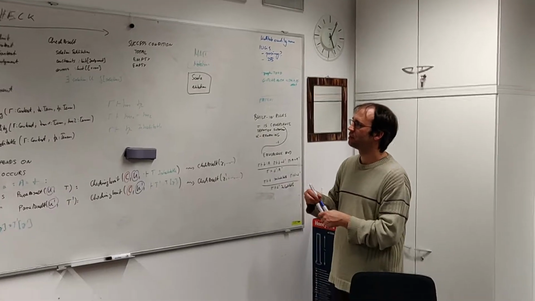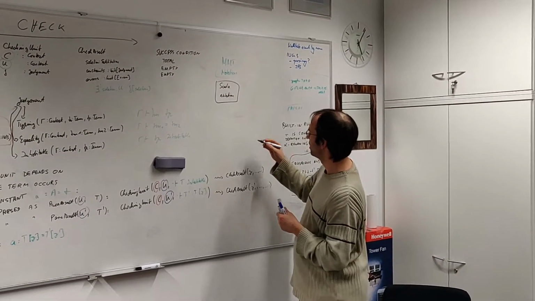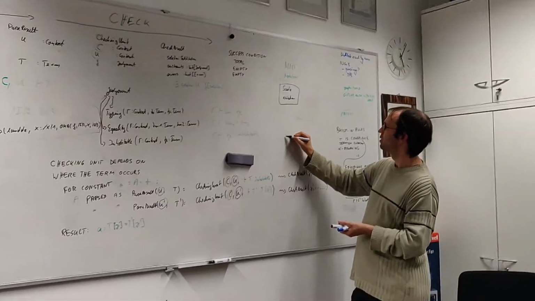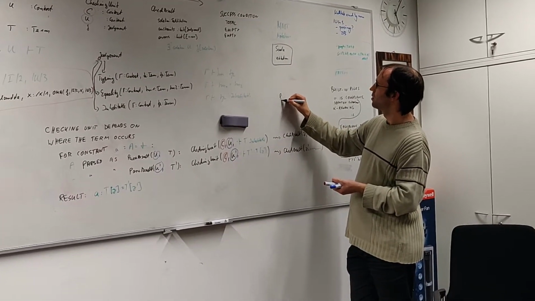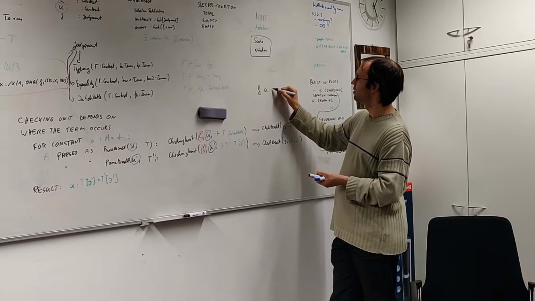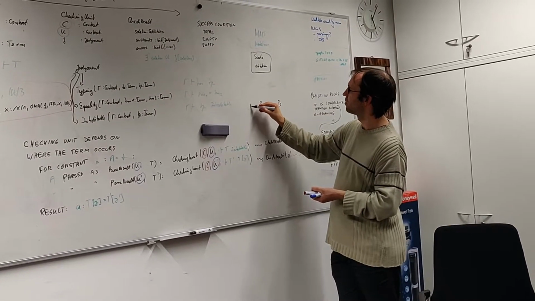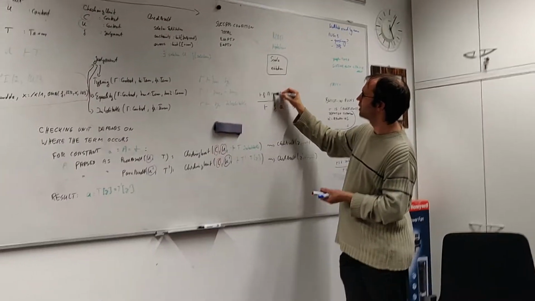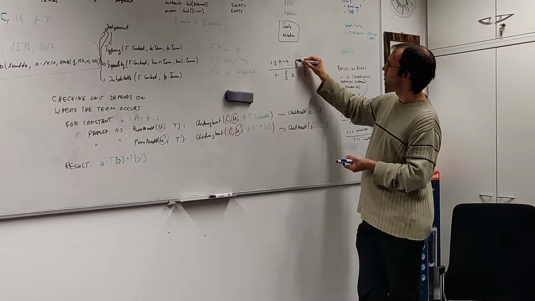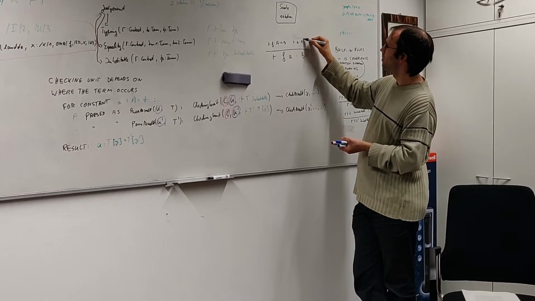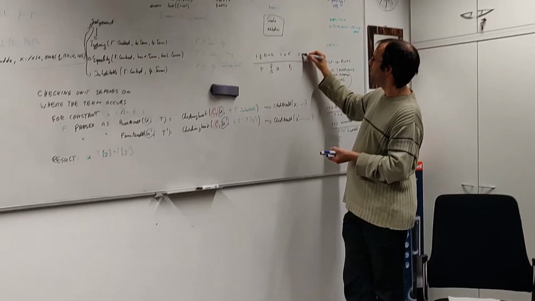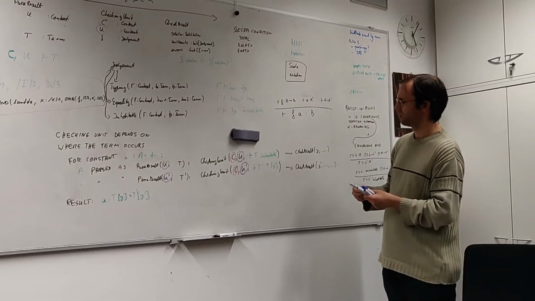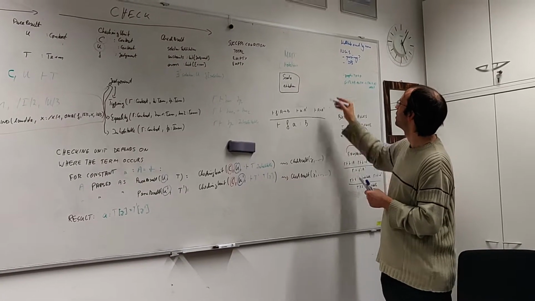Well, the most important rule is the application rule in the LF type theory, which is something like: you want to check something like F applied to A against some type B. You've already inferred that F has type A to B, and you've inferred that A has type A prime, and now you go into a check of A equals A prime.